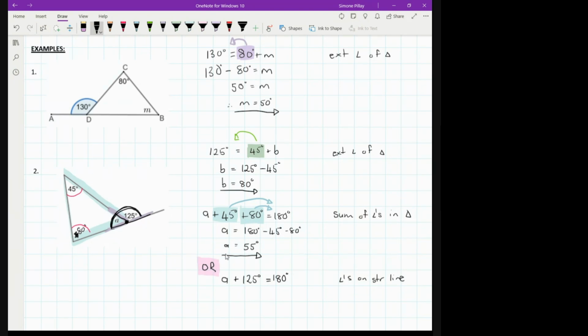We have our equation set up. Let us solve now immediately. So the next step is a equals 180 degrees minus 125 degrees. 100%. And what's the answer to that?